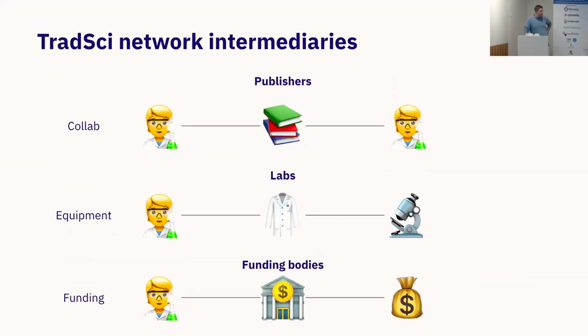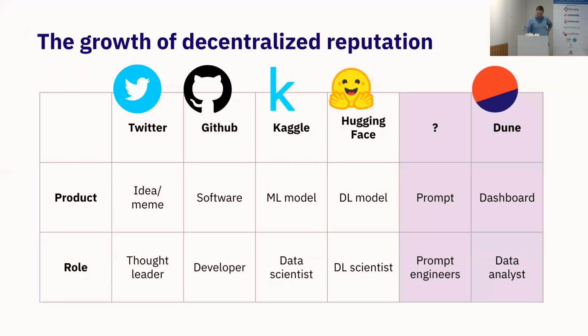If you look at these network connections, there's 3 key intermediaries that define this network. So you've got publishers who define collaboration, because if you want to get your ideas out in the world, you have to convince them that this is the valuable thing and other people should hear about it. Then you've got the ability to actually use equipment. The thing that makes science quite different from all these other examples I gave you is that the product in all these cases is an information product.